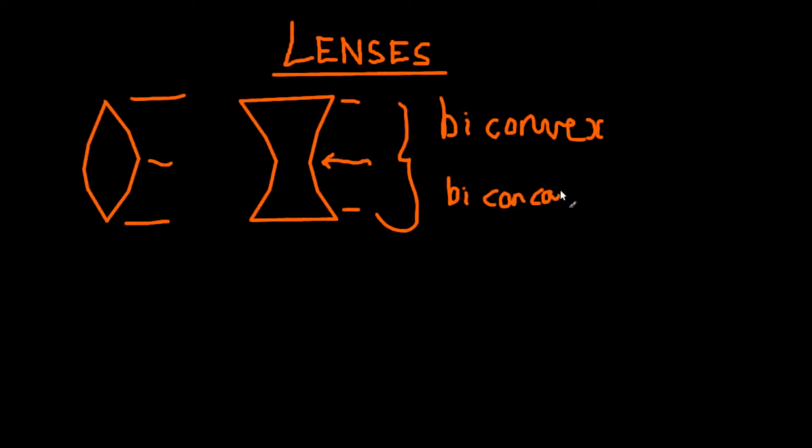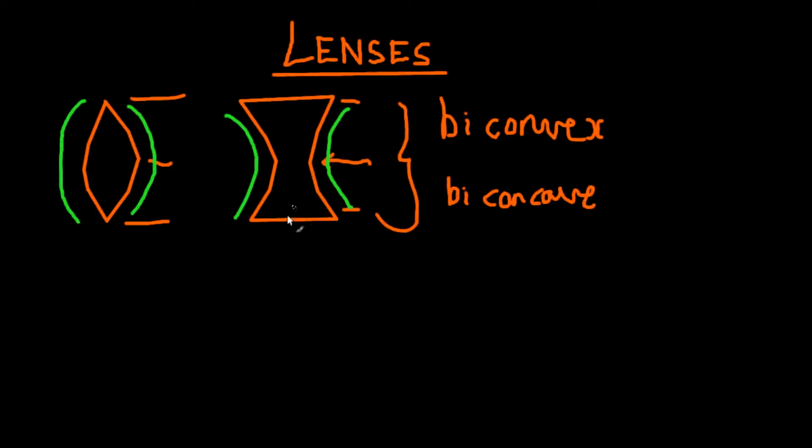They do come under the general category of convex and concave respectively, but the correct term for these two would be biconvex, biconcave. Bi over here means dual, on both sides. So you can see that not only is this convex here, but it's also convex here. Same way there's concave here, there's concave here.